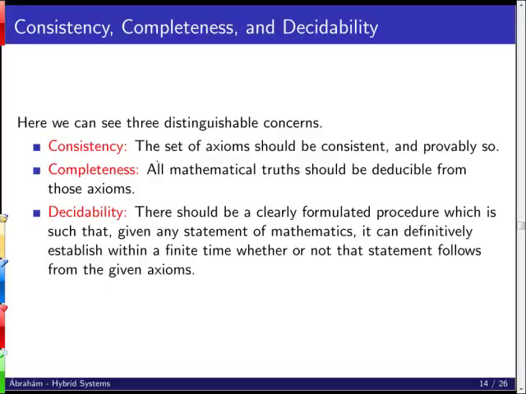You can always prove or disprove a statement. And decidability means, and this is from the practical formulation, that there is a procedure such that if you give a statement in mathematics, in Peano arithmetic for example, it can definitely establish within a finite time whether or not that statement follows from the given axioms, whether or not this statement is derived.